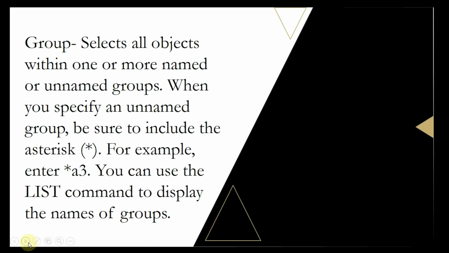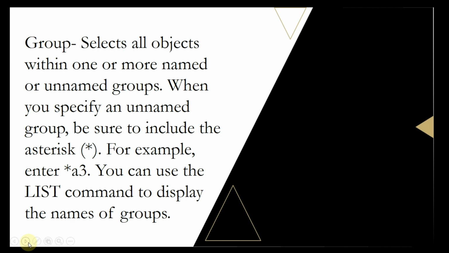Next, group. Ayan, maganda tong group. Select all objects within one or more named or unnamed groups. Pwede pala natin lagyan ng pangalan yung per group na gusto nating burahin. Pero it will be specified by using asterisk.